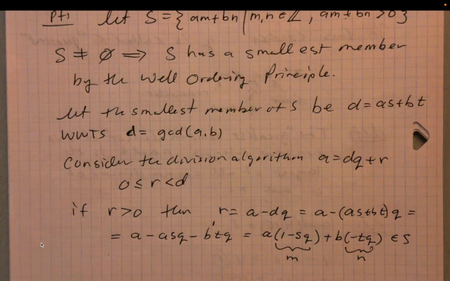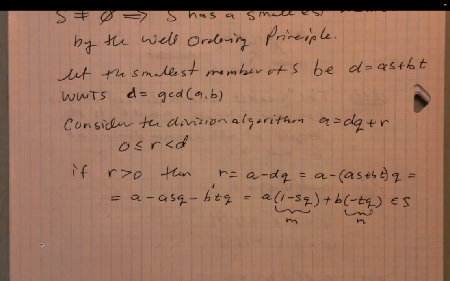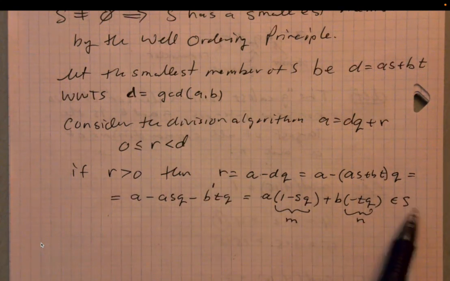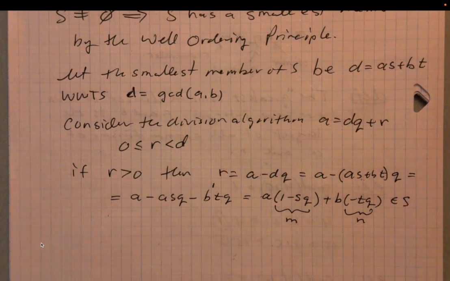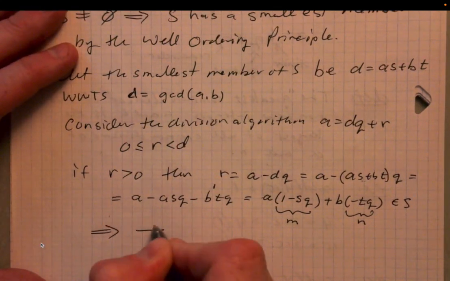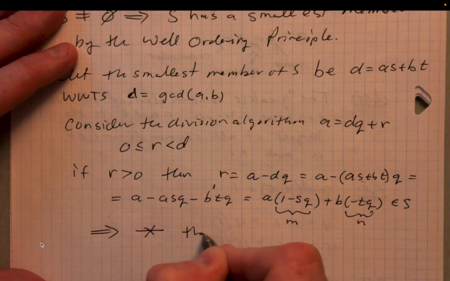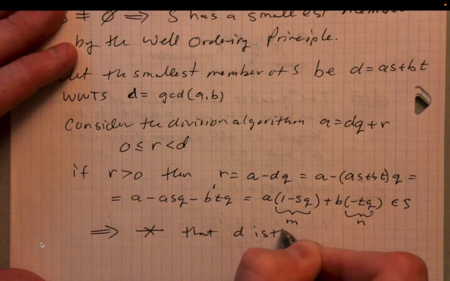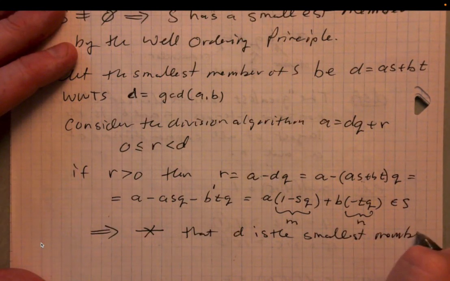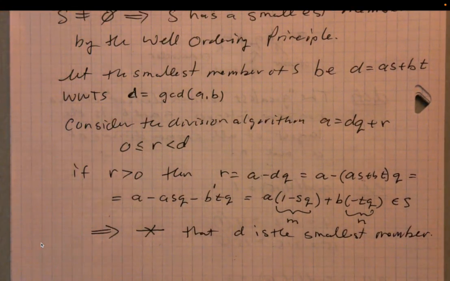This is going to be a contradiction. We assume the remainder is greater than 0, and that implies this whole thing here, which means that r is in S, and this contradicts the idea that d is the smallest member. This implies a contradiction.